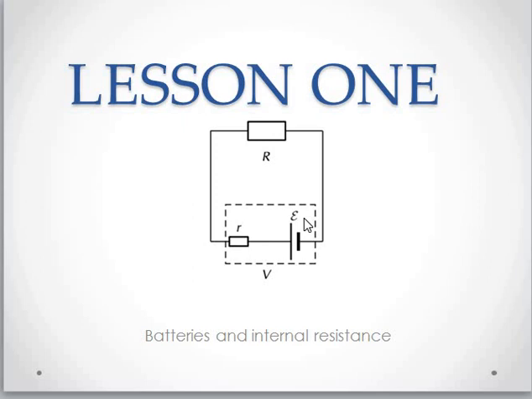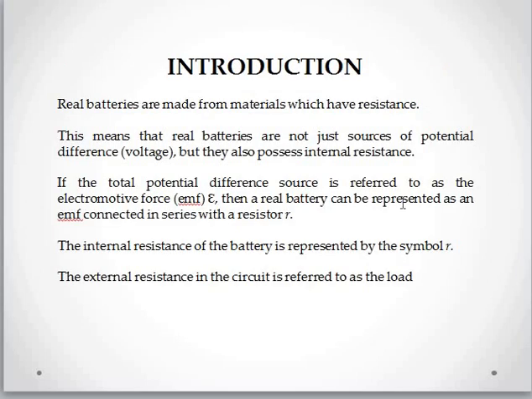But remember now, a battery also is made up of internal components, mostly the wires that are internal to the battery. Those are also potential consumers of the same energy that it produces. All right, so this makes it interesting. Let's look at it. Okay, so as I said, batteries are made from materials which have resistance.